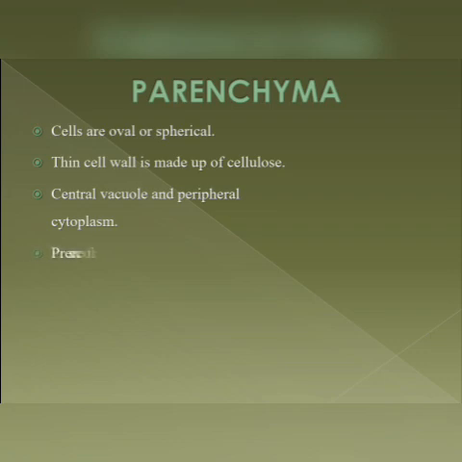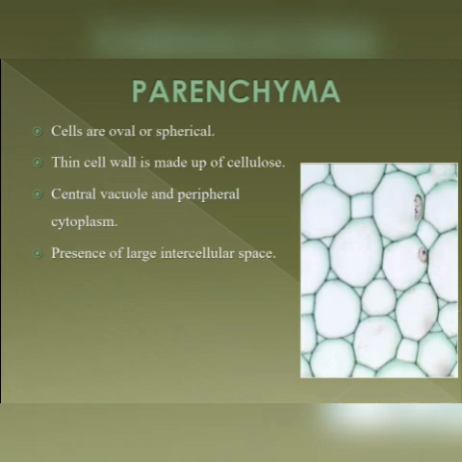Next, presence of large intercellular space. So, in this figure, as we see parenchyma cells that are present, we can also clearly understand the gap region, the space among the cells, in between the cells, and that particular space is known as the intercellular space, which is present in case of parenchyma.